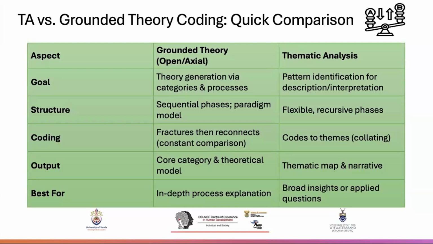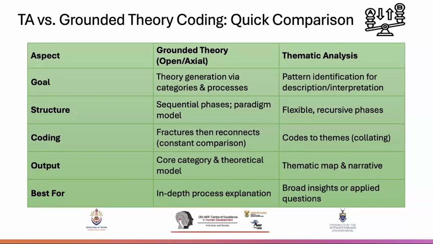This is achieved by categorizing and processing your data set to have this developed theory come out of what your data is actually saying or capturing. And thematic analysis, like I've mentioned, is about pattern identification so that you are able to describe or interpret specific issues or specific experiences that are taking place. So that is one distinction that I can mention.